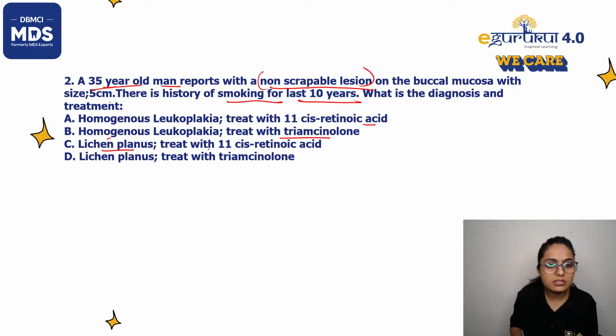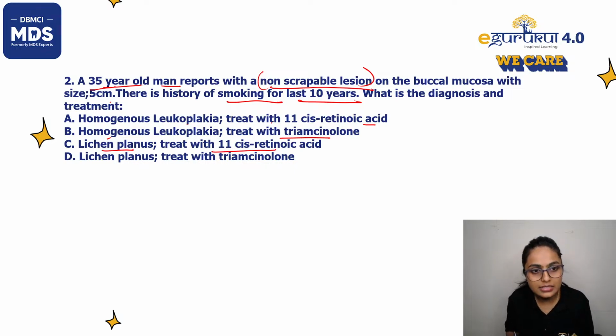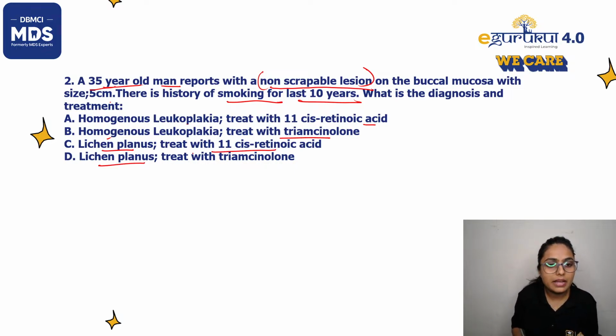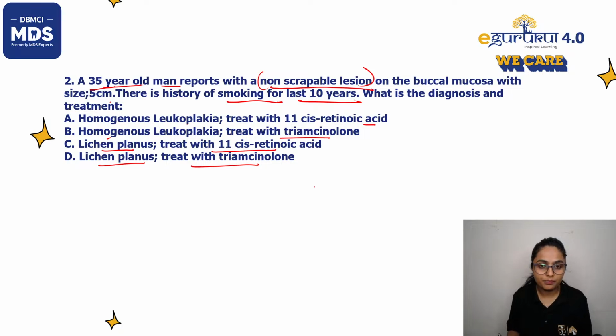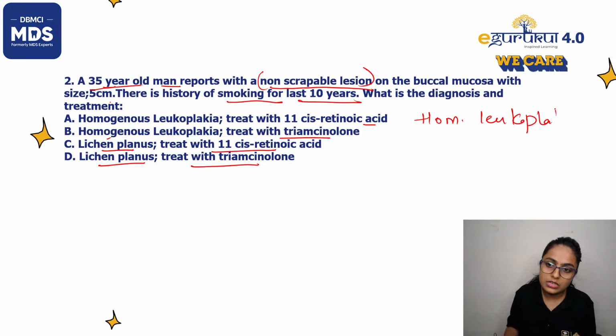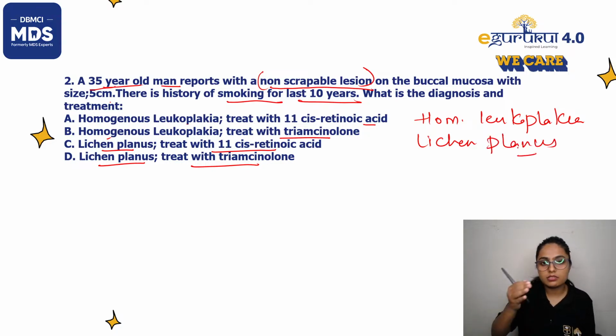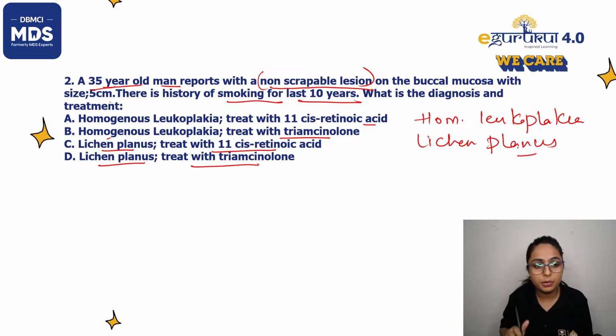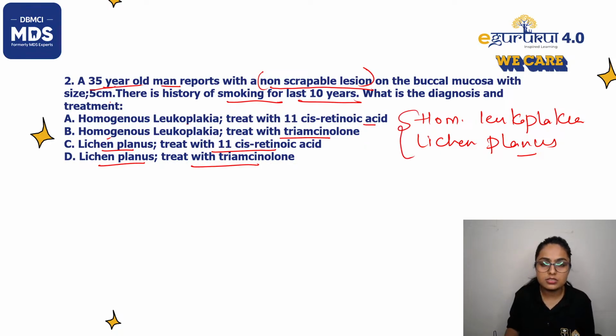Third, lichen planus treat with Levensis retinoic acid. Fourth, lichen planus treat with triamcinolone. Now we have two entities here, homogeneous leukoplakia and lichen planus. If you know which lesions are scrapable and which are non-scrapable, both these lesions fall under non-scrapable lesions.